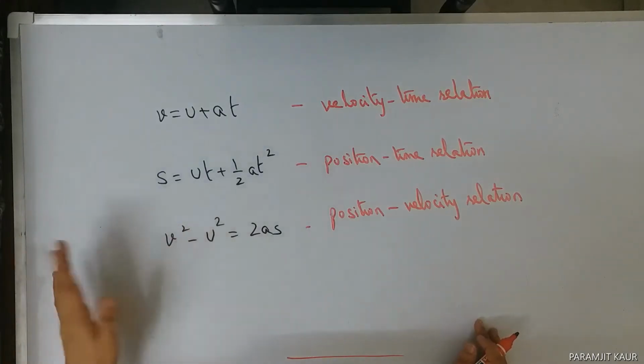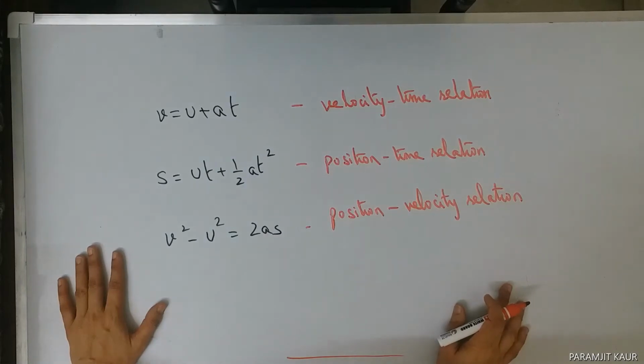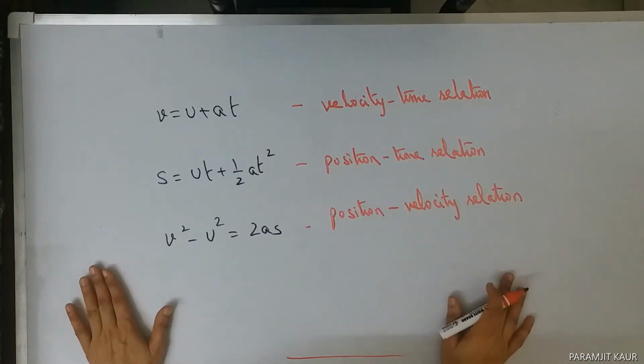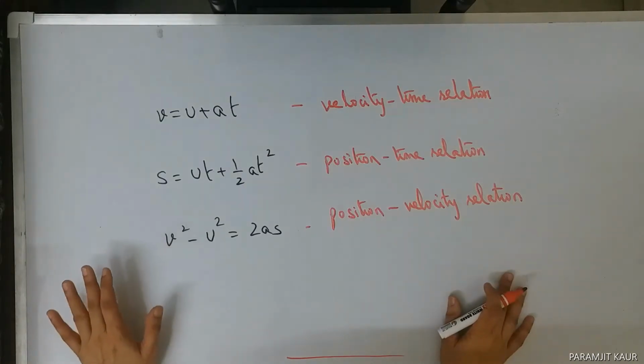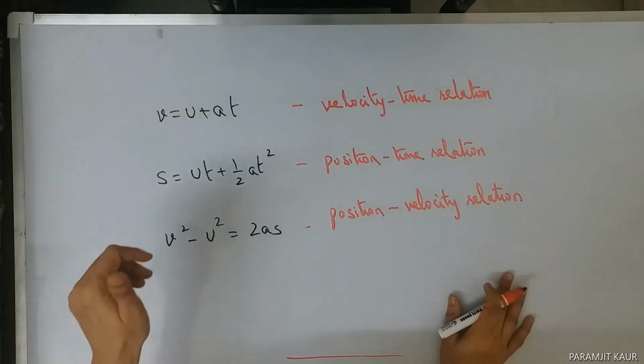Now in the previous classes we have studied the graphical representation of motion. Let us recall a few concepts from there. In a velocity time graph, which physical quantity is determined by the slope of the graph? Yes, you guessed it right.